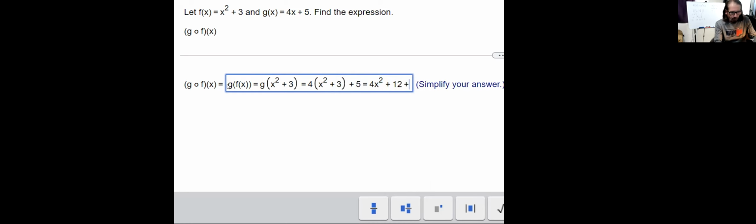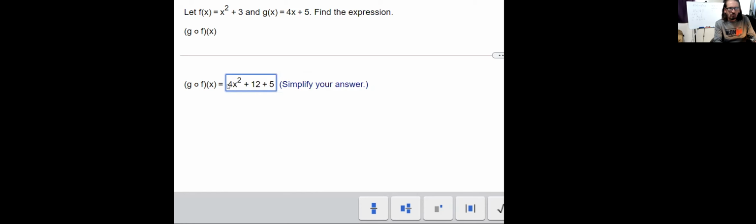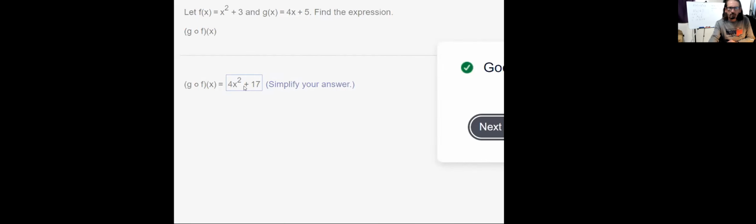And it would also be natural to combine the like terms, 12 plus 5. That's part of the simplification that they're expecting. 12 plus 5 is 17. So let's see, once I've got that, if they agree with that answer. And it's good.